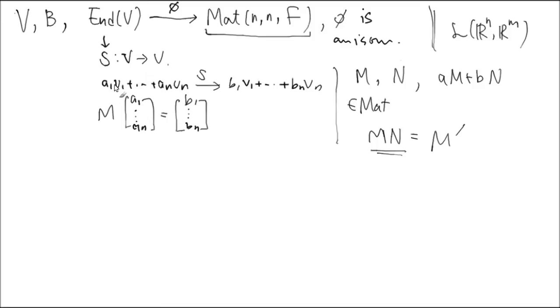So although the correct way to describe it, if I have two maps, S and T in the endomorphisms, the correct way to describe ST is S composed with T, right? This is the correct notation, but we abuse it and write just ST, right? Because it works just like these two matrices multiplied to each other.